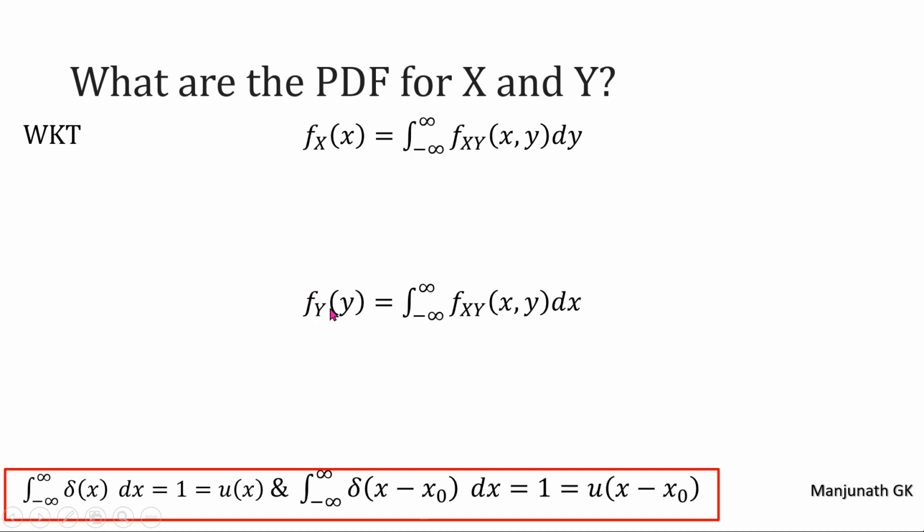For the single random variable y, its PDF can be calculated by integrating the bivariate PDF with respect to x.